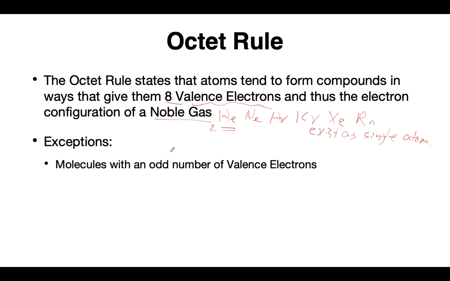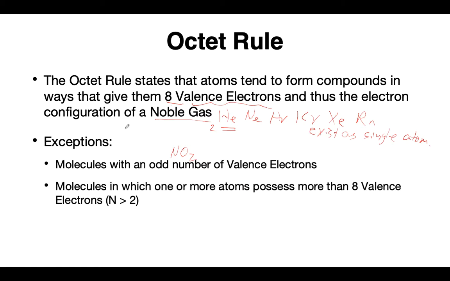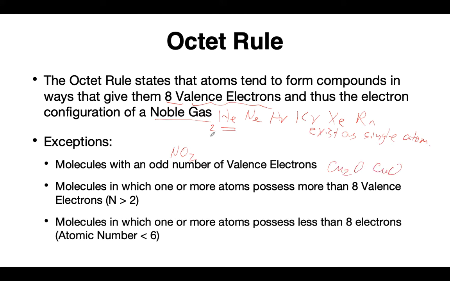For example, in nitrogen dioxide, we know the nitrogen atom has only 5 electrons outside, so once nitrogen dioxide is formed, you cannot have each atom's valence electrons exactly limited to 8. Also, molecules in which one or more atoms possess more than 8 valence electrons, like copper oxide. And also molecules in which one or more atoms possess less than 8 electrons, atomic number less than 6. Those are the exceptions.